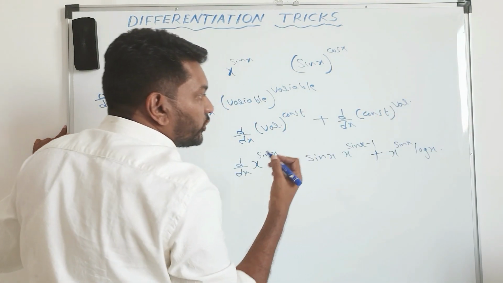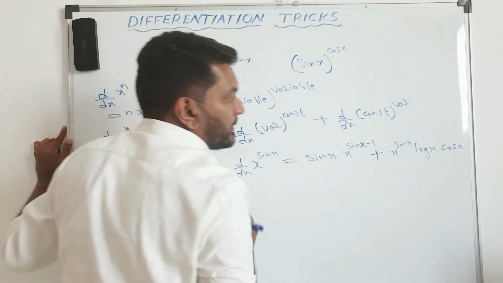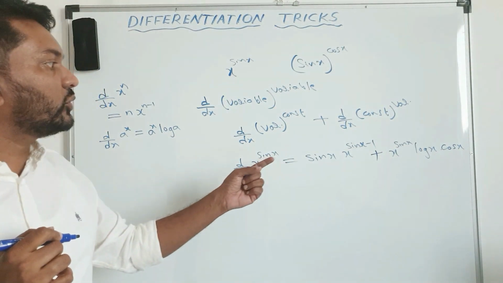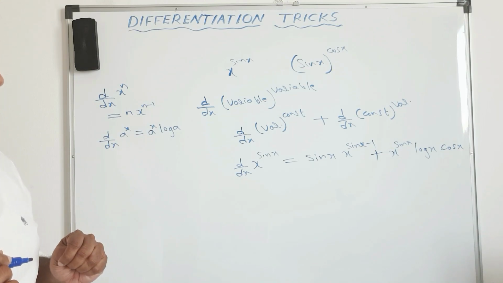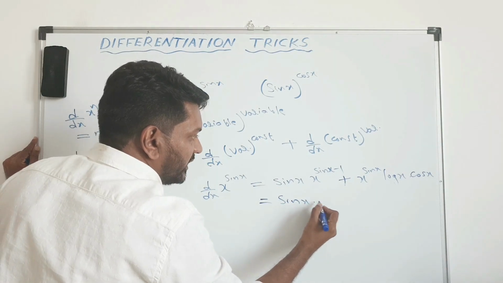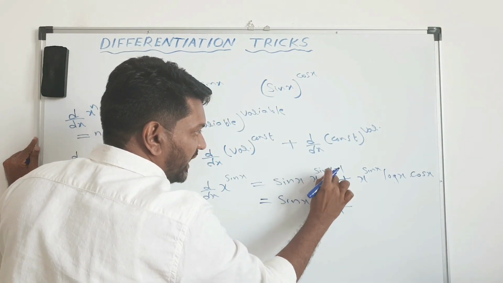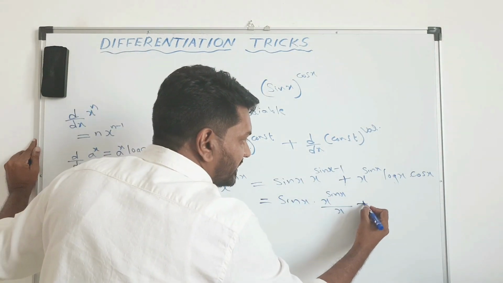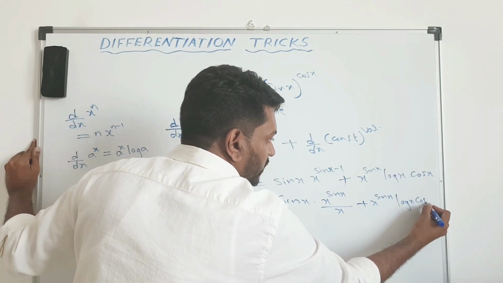Not over yet, you have to use the chain rule. The derivative of sin x is cos x. So you got the answer in one step. You don't have to take log on both sides and differentiate using the product rule and all. This can be simplified further. Sin x into x raised to sin x minus 1 can be written as x to the power sin x divided by x, plus x to the power sin x log x cos x.